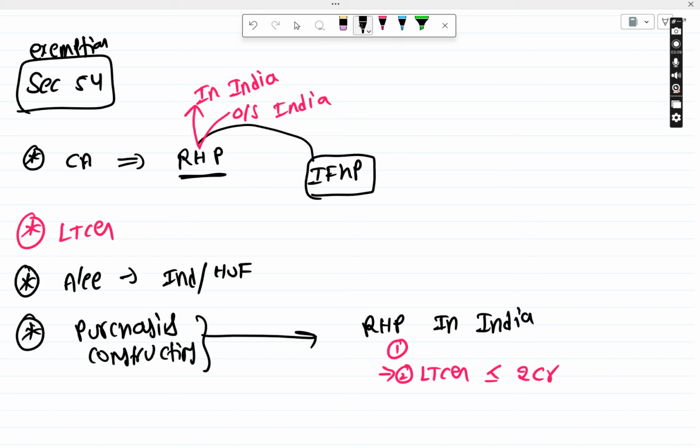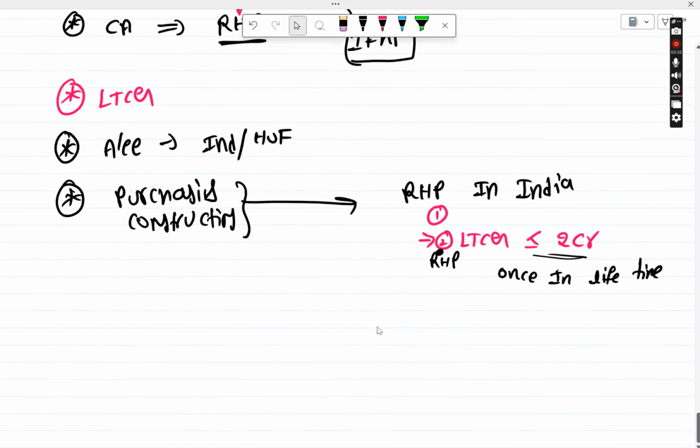If it is two residential house properties, whatever the LTCG you are getting should be less than 2 crores. And you can claim two residential house properties only once in a lifetime. You cannot claim every time. I'll come to this part while explaining the question.